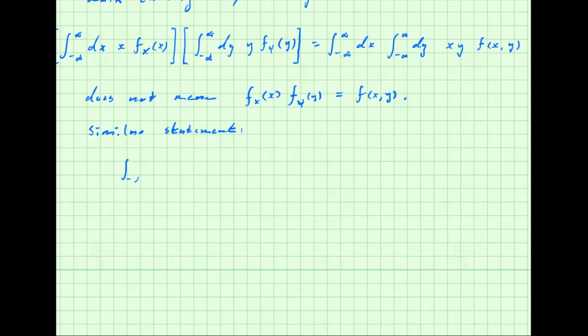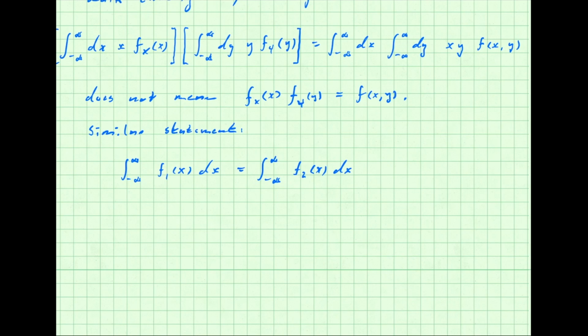So the integral from minus infinity to infinity. The bounds aren't so important here, but let's say you have a function f1, and you integrate over it, and you find that it's equal to the integral over this other function, f2 of x.